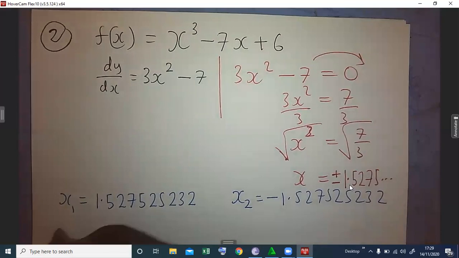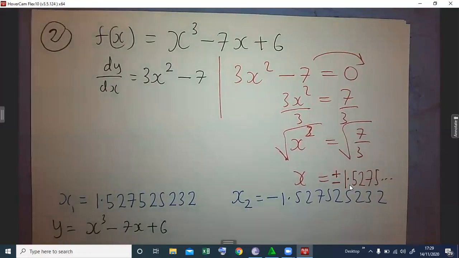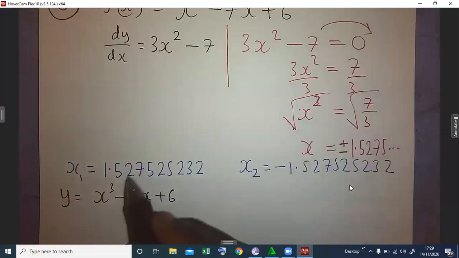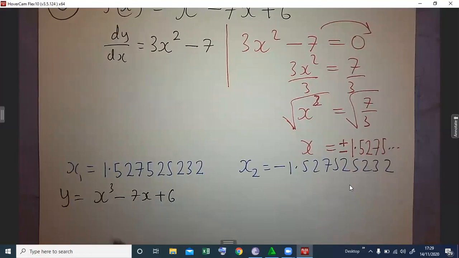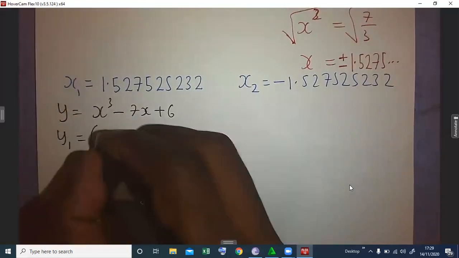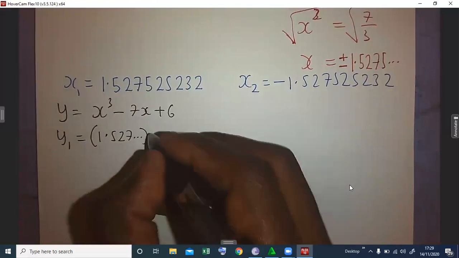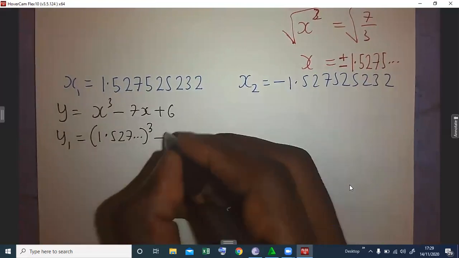And remember, my function is x power 3 minus 7x plus 6. So I will substitute this reading here in the place of x. For example, y1 will be equal to, open bracket, keep 1.527 dash dash dash, meaning you have to keep all the calculator value.